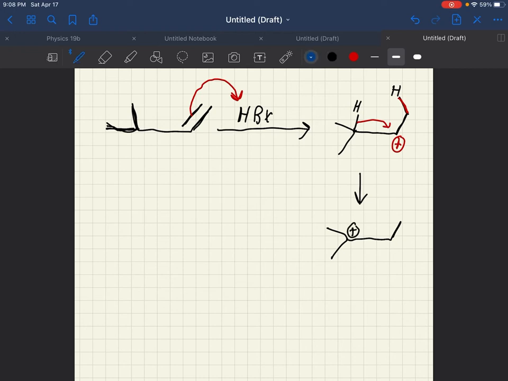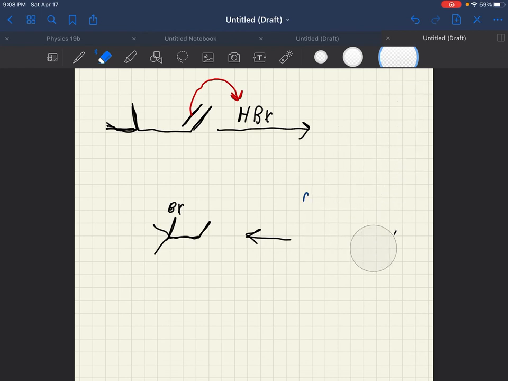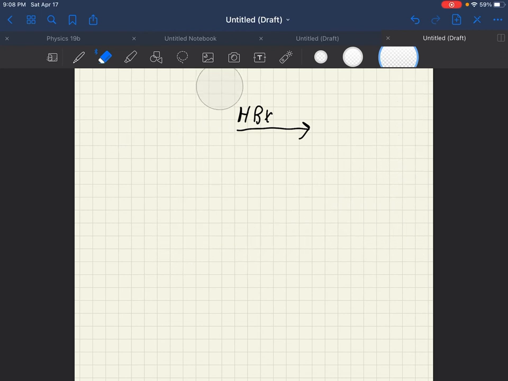Then Br minus is going to come in and attack and give you your final product, which is this. See how that carbocation rearrangement did occur for this one? Another example of this occurring is with this. I'll draw this one out for you guys so you can see another example.